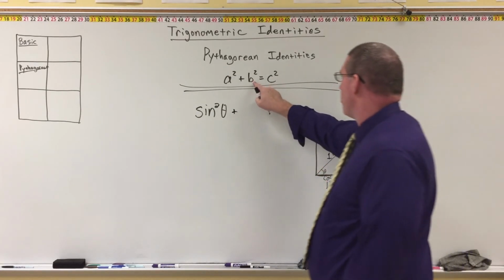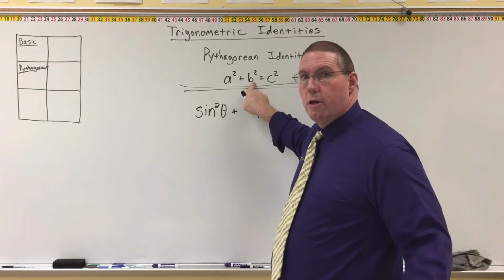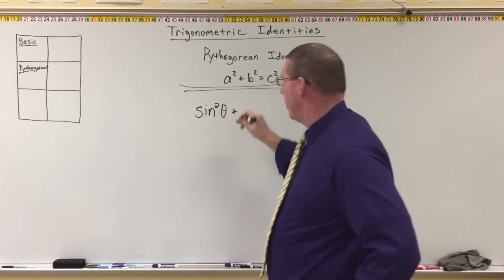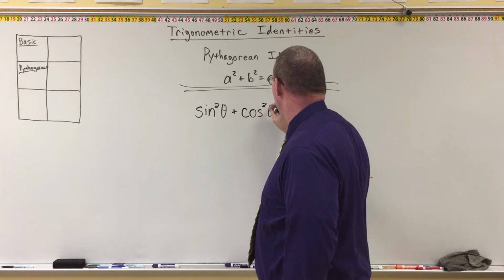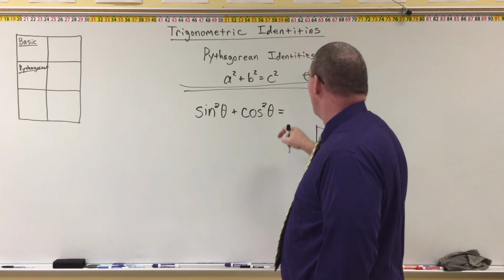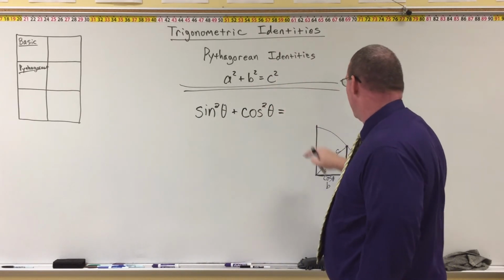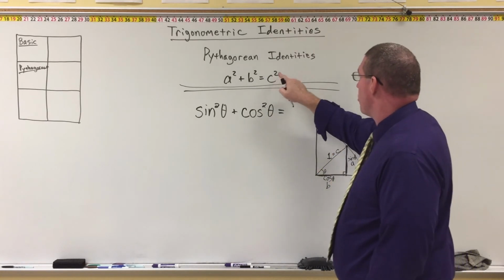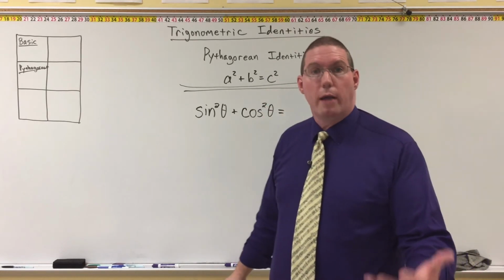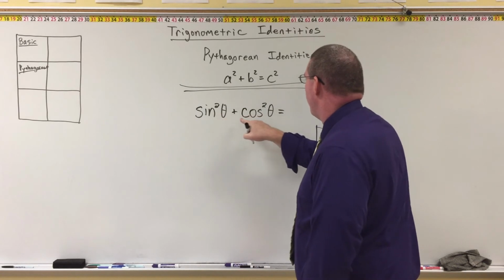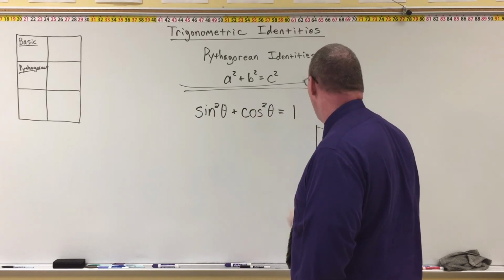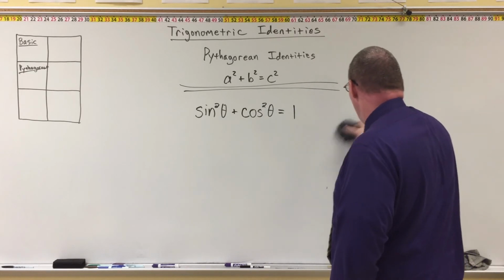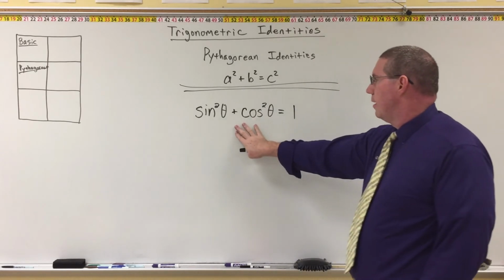We're calling it B, so we're going to replace B with cosine of theta. So cosine of theta times cosine of theta becomes cosine squared of theta equals 1 squared, right? The hypotenuse is 1, so 1 is C, so 1 times 1. Well, what is 1 times 1? It's 1. So sine squared of theta plus cosine squared of theta is equal to 1.